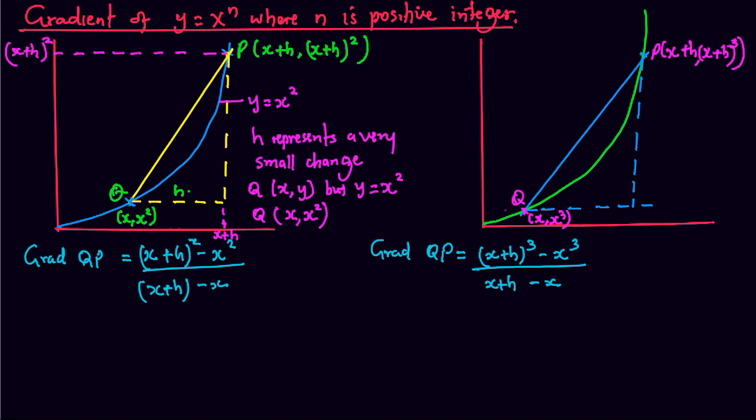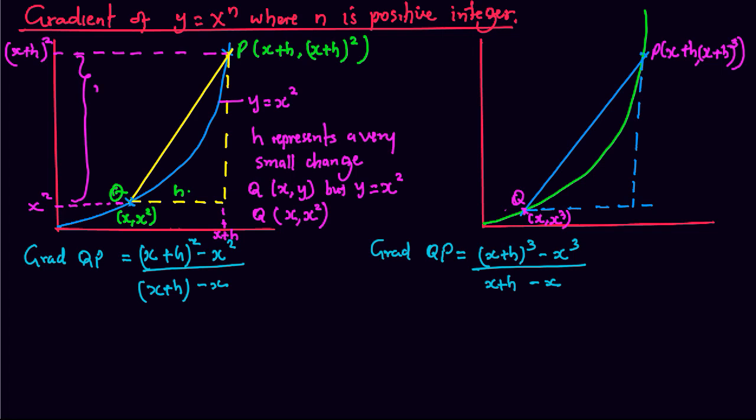Now, from the definition of gradient, gradient QP is equal to change in y over change in x. So this is x squared and this is x plus h squared. So the change in y is shown there.